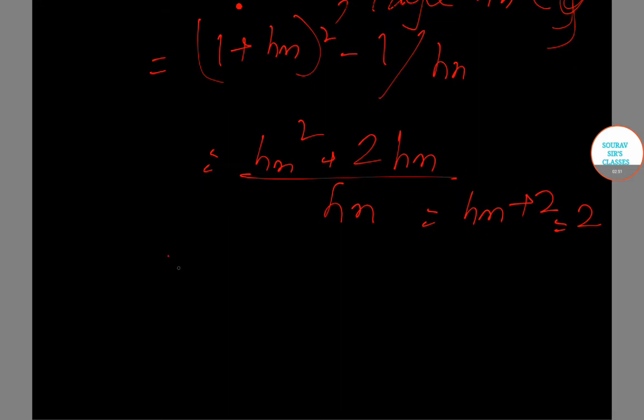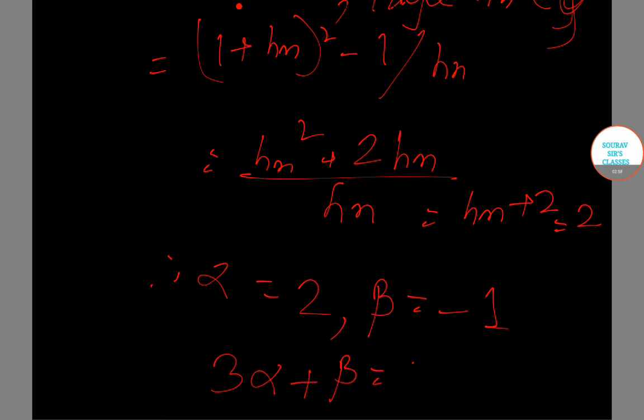So alpha is equal to 2, beta is equal to minus 1. So 3 alpha plus beta is equal to 5. So our answer is 5.